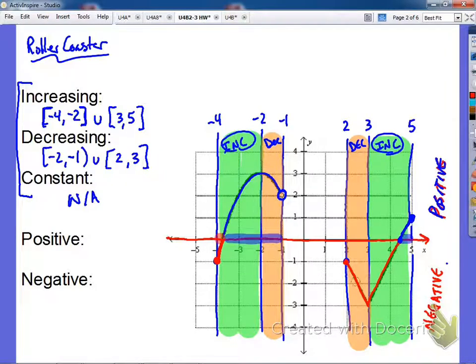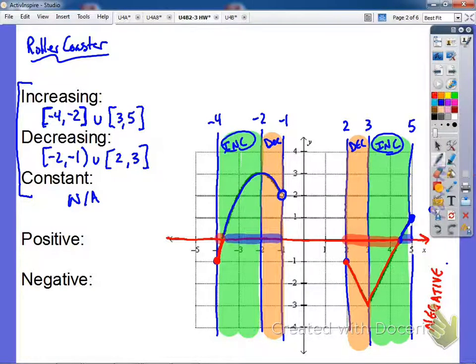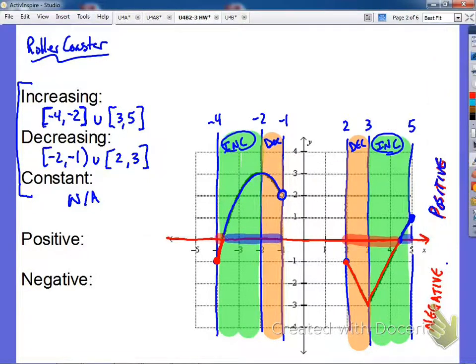Likewise, if I took this section right here and I flattened it onto the x-axis, it lands right there. Okay, so then let's answer this question. Where is the graph positive? Well, it's all of the x values from here.